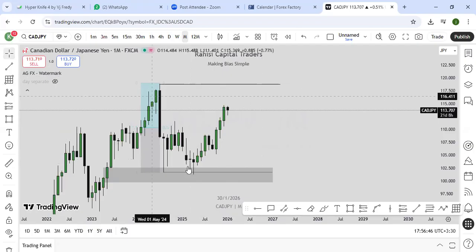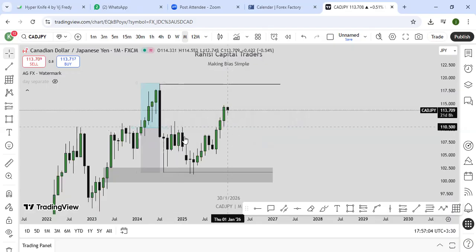We use any PD array, any fair value gap which is fair, any order block which is fair, to make an entry on this side here. Any FVG here which is violated, we shall call an inverse fair value gap. It becomes our entry zone for buying. Any order block here will become a mitigation block. We use it for entry for buying from this side.